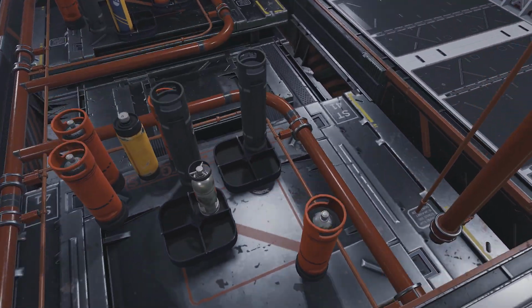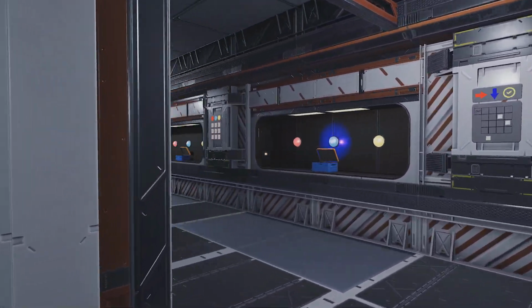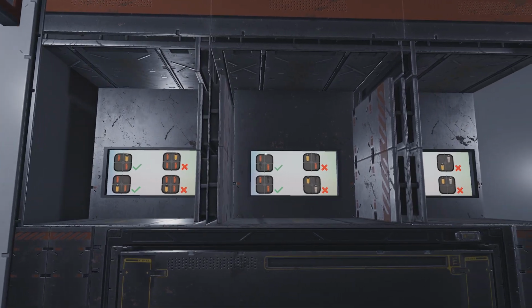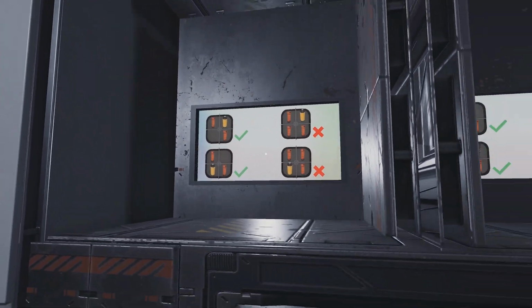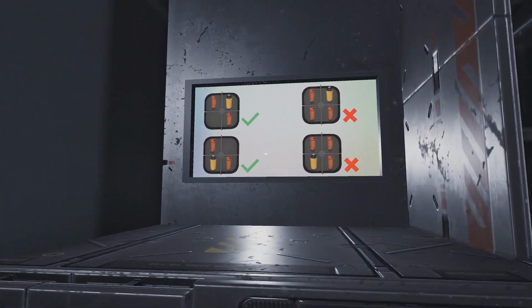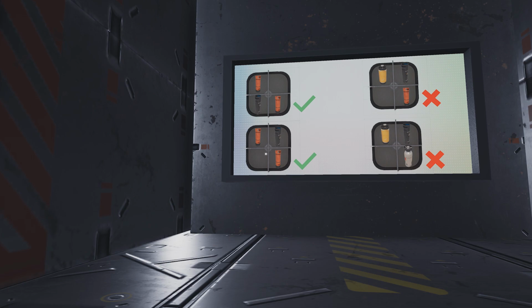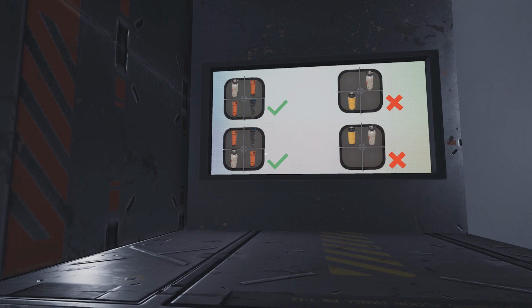And I have to look at it from this angle, which is an odd angle to look at it from. That's very weird. Let's see. Okay, so we got that, that, and that.